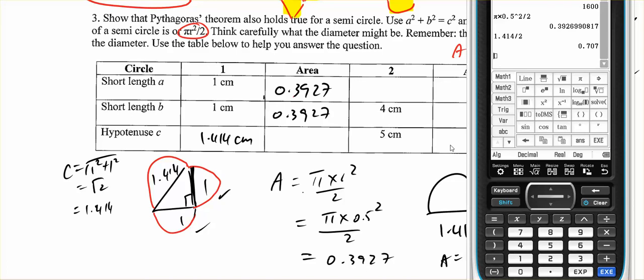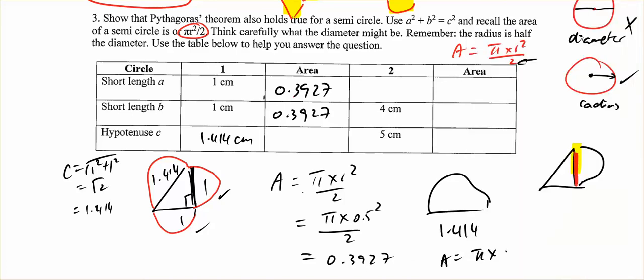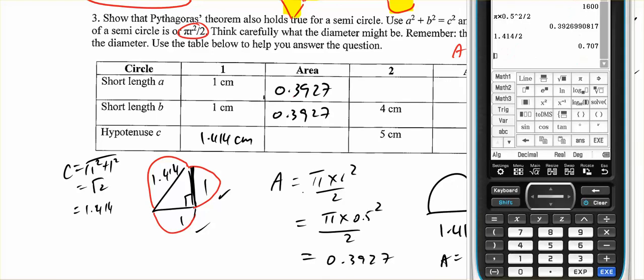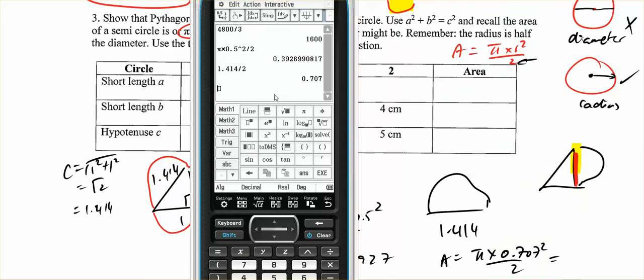So it's 0.707. So 0.707 squared divided by 2. And you can calculate what that area is. Let's check. So I got pi times 0.707 squared divided by 2. And I get 0.7852.